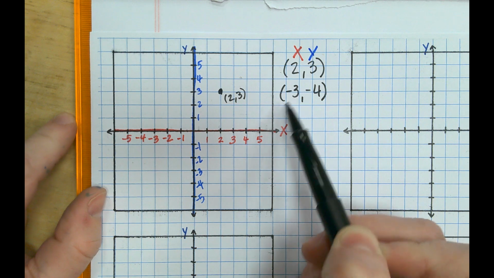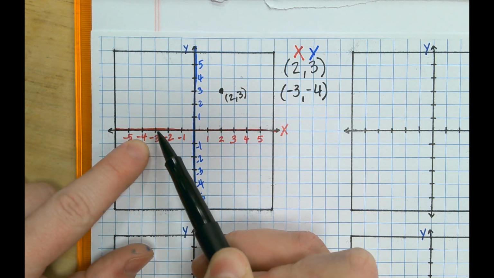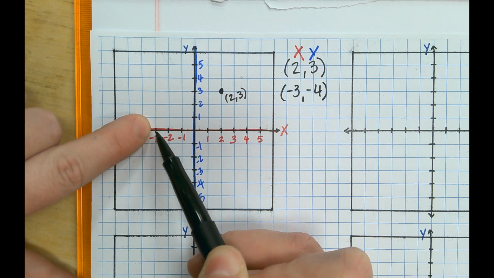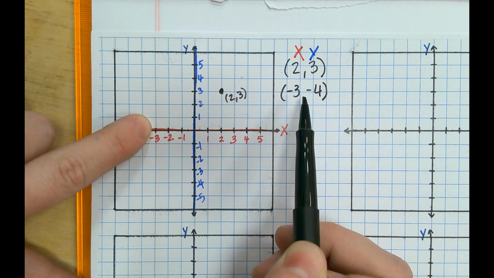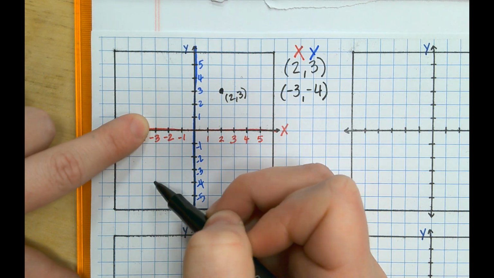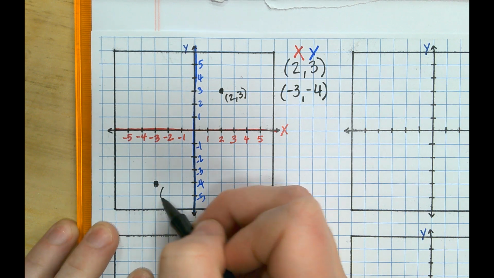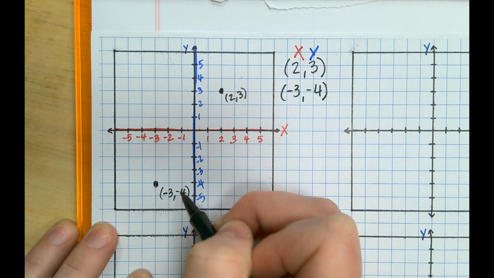So -3 for my x means I'm going to go over to -3 on the x-axis. 1, 2, 3. And then how far up or down do I go? Down 4. Good, down 4 because I've got -4. 1, 2, 3, 4. Right here. And then I'm going to label it (-3, -4). Just like that.